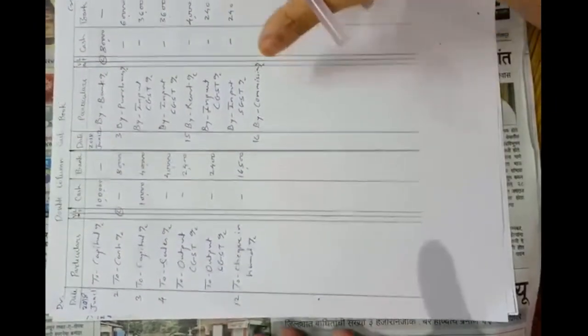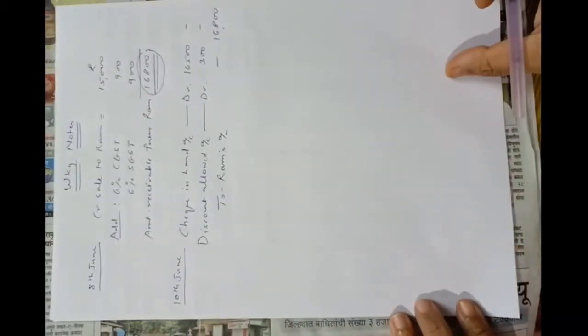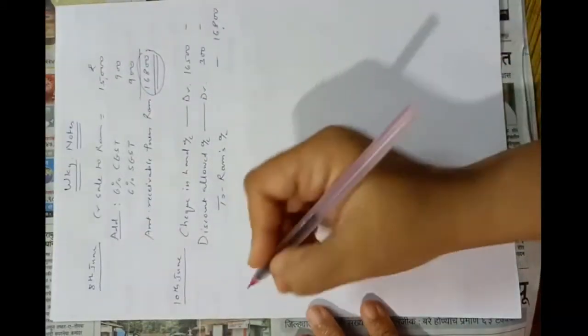So let's calculate. Now again, here total amount is given of commission rupees 11,200, but SGST and CGST amounts, that is 6% amount each, is included in 11,200 commission.